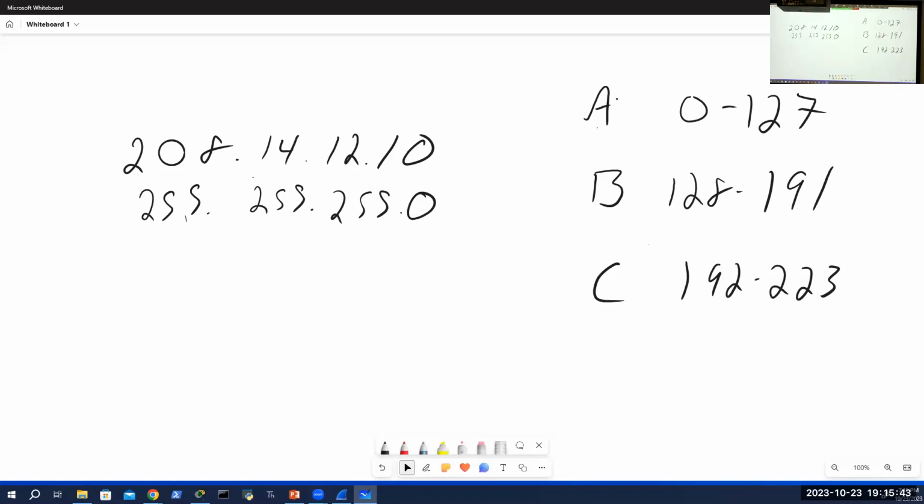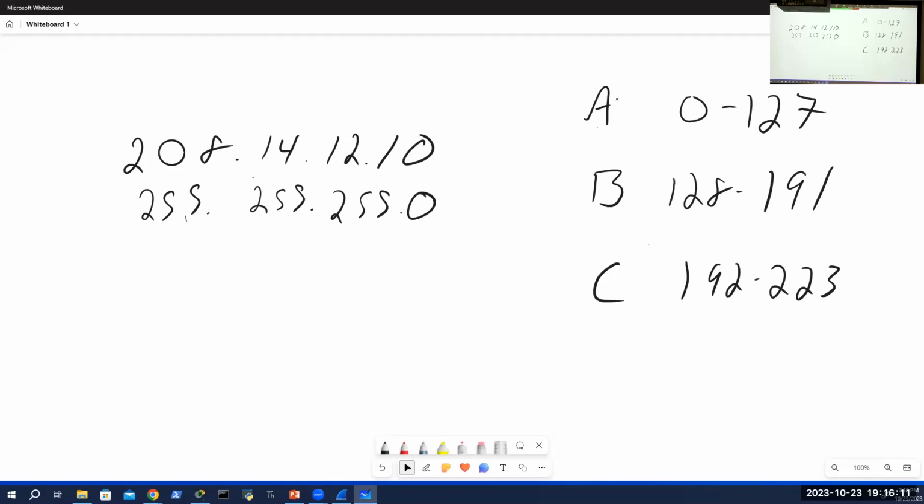Now, if you prefer, you can actually look at the first 3 bits of the first octet, and a particular pattern of the first 3 bits will tell you the class as well.